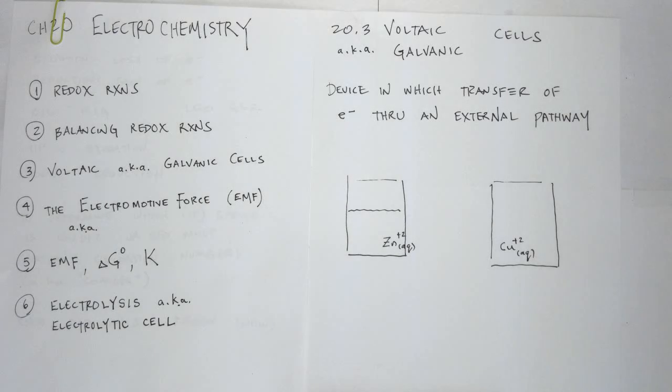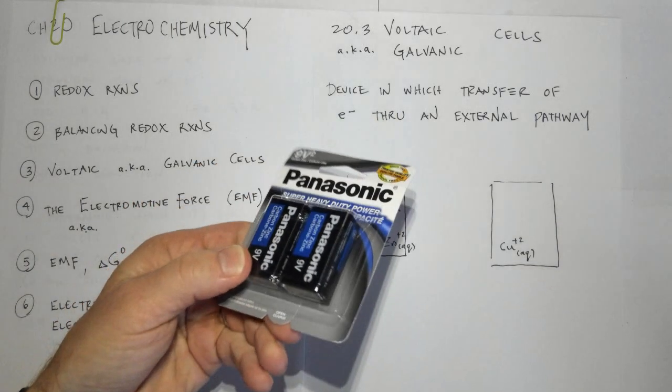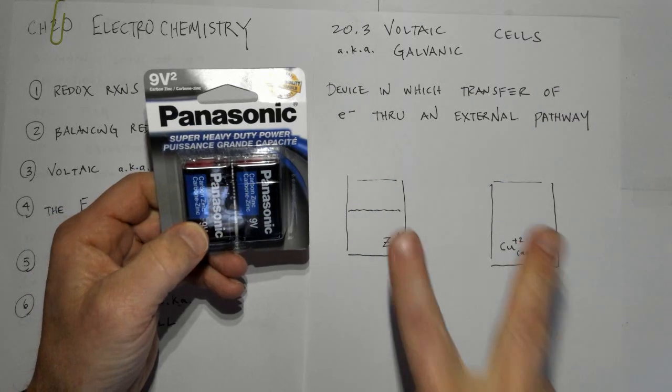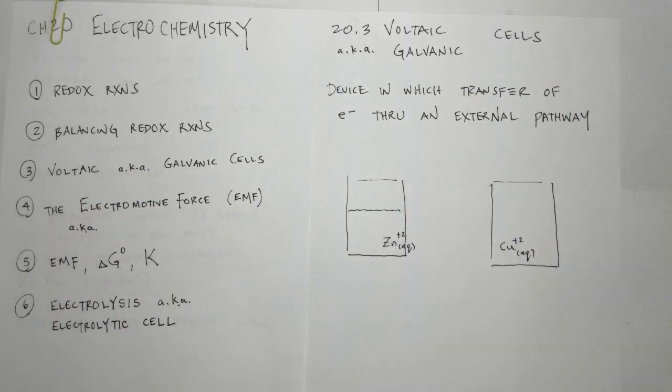You, as a matter of fact, use them all the time. You use a battery in your phone, batteries in lots of different devices. Here's an example of some batteries right here, and that's what the lemon battery is. That's what we're going to describe right here. Albeit, it can be many different chemicals as long as they're not the same as each other.